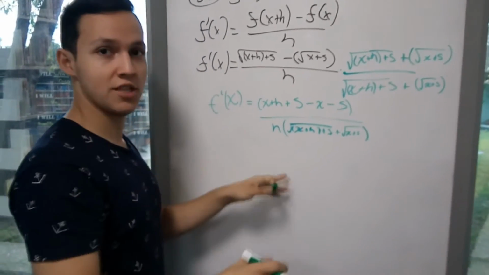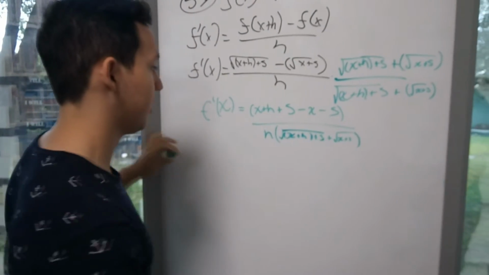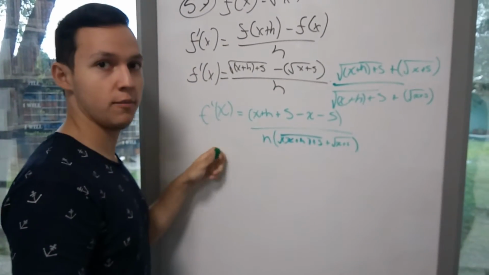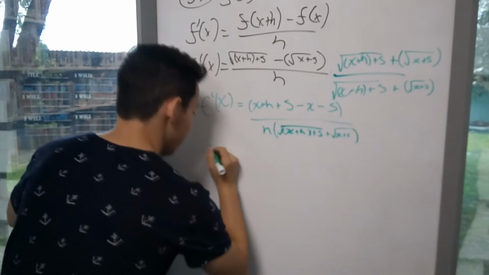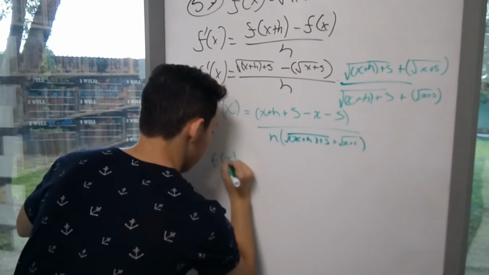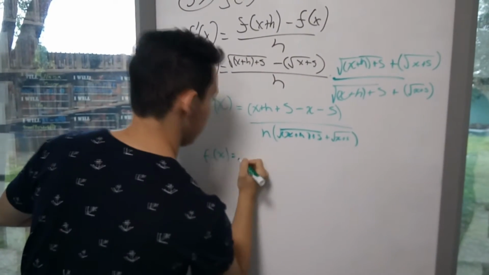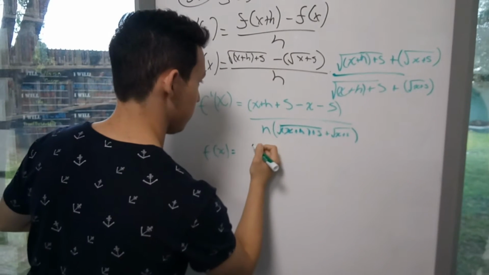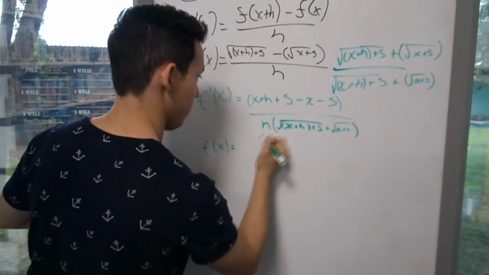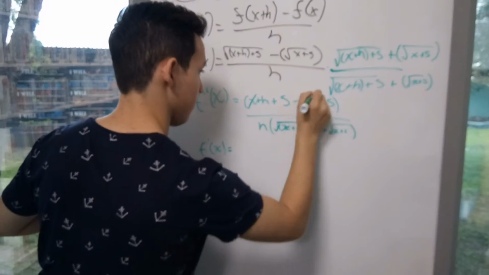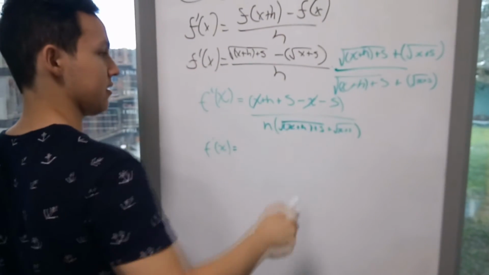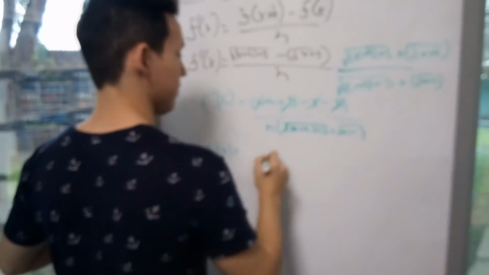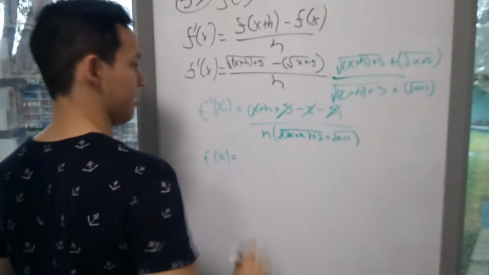Okay, so I'm going to begin to solve this function so I can begin canceling and get the final prime. You can cancel these two x's and the two 5's, and you will get an h remaining.